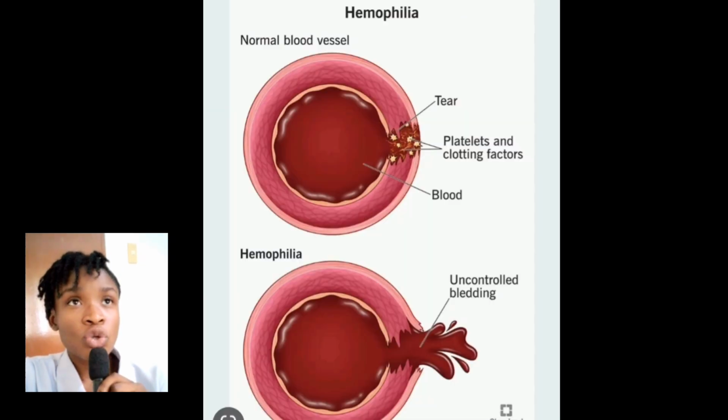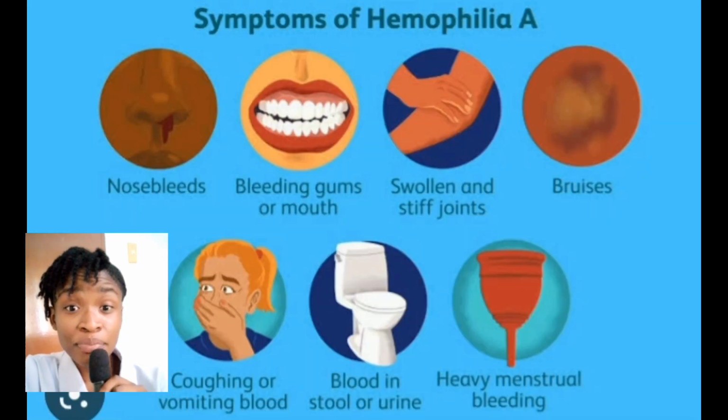As a result, the symptoms of hemophilia include deep bruises, bleeding continuously, finding blood in your urine or stool, and in infants unexplained irritability. Those are some of the symptoms associated with hemophilia.